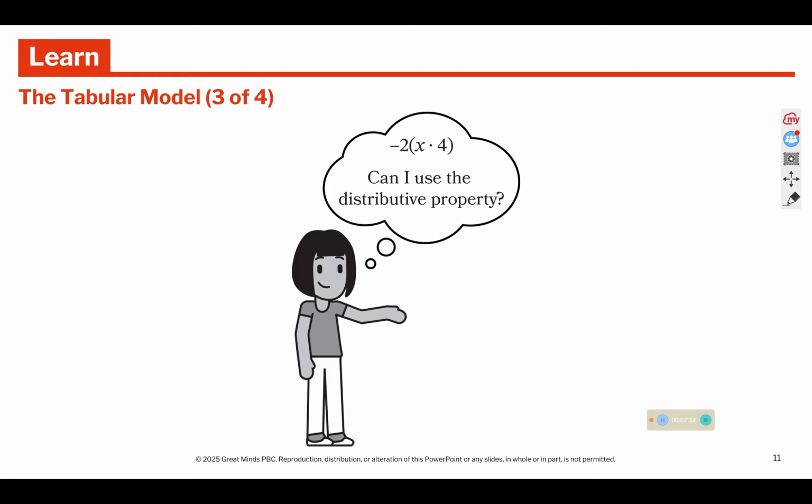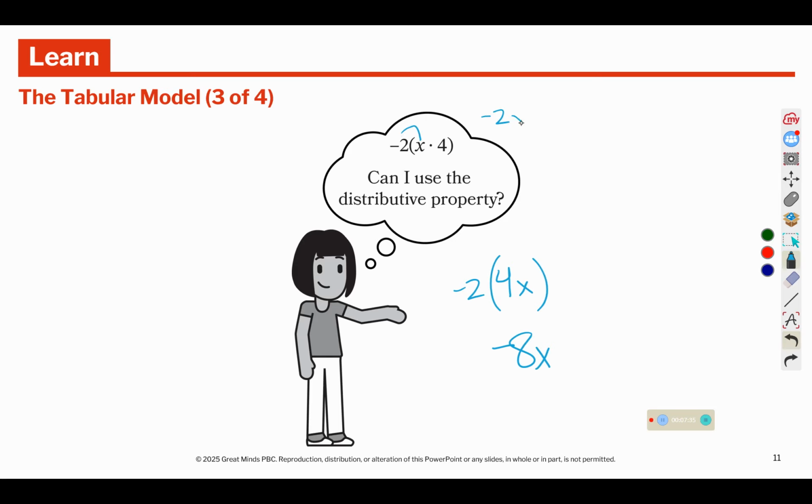In this case, we cannot use the distributive property because this here is x times 4, or 4x. So we would multiply -2 times 4x to get -8x. But we wouldn't want to distribute because we already have the multiplication existing inside the parentheses.